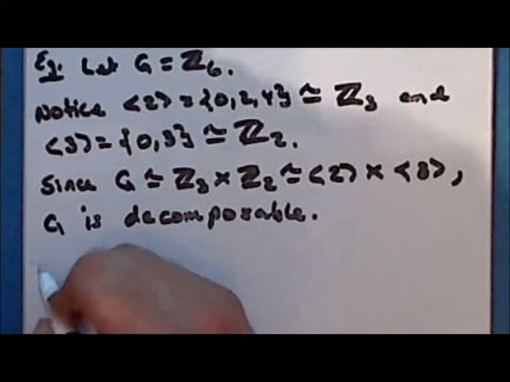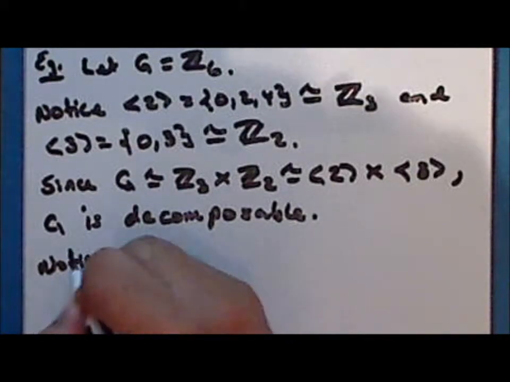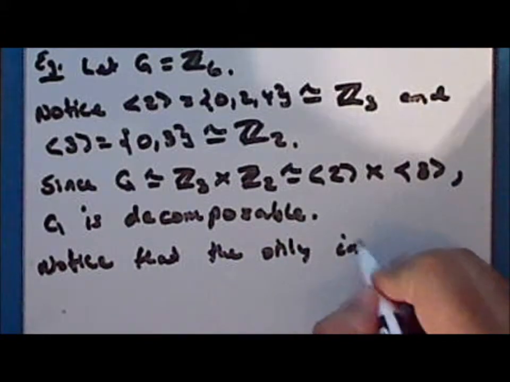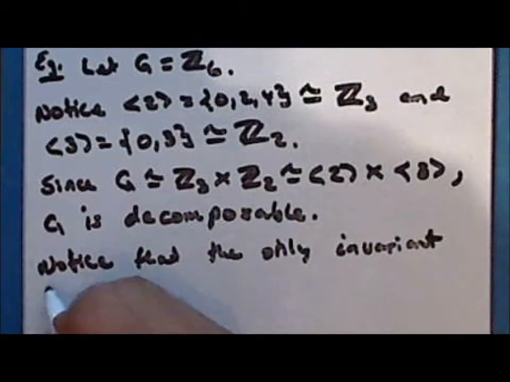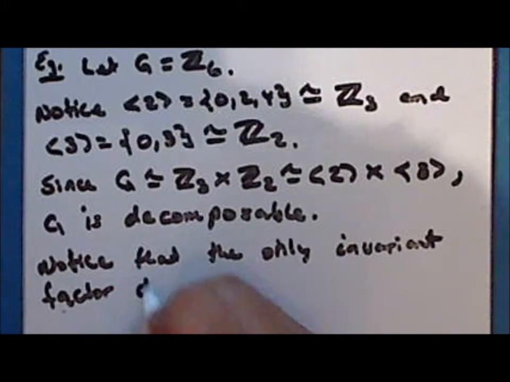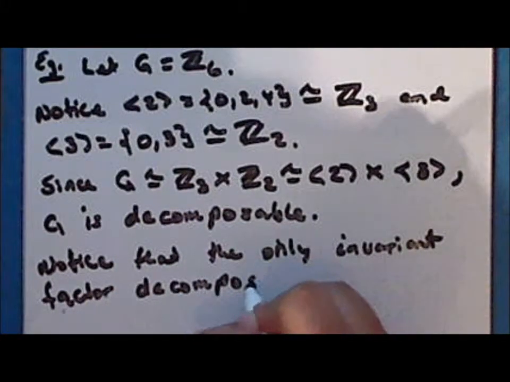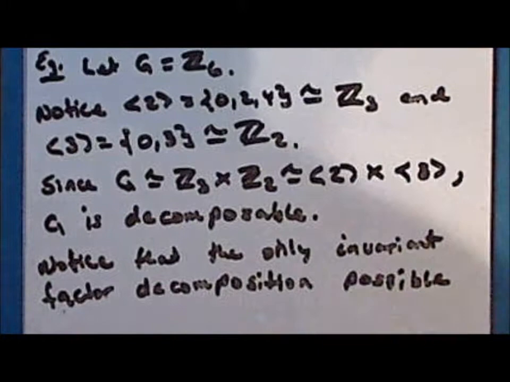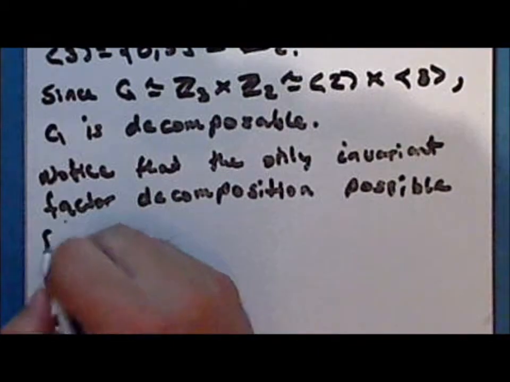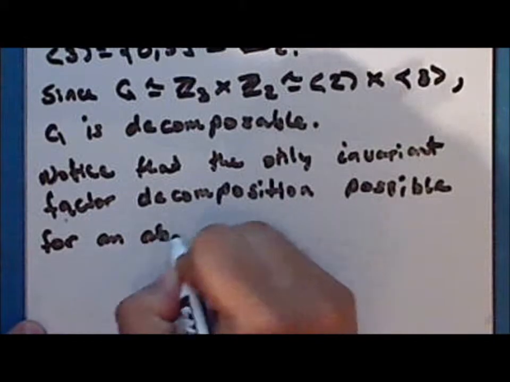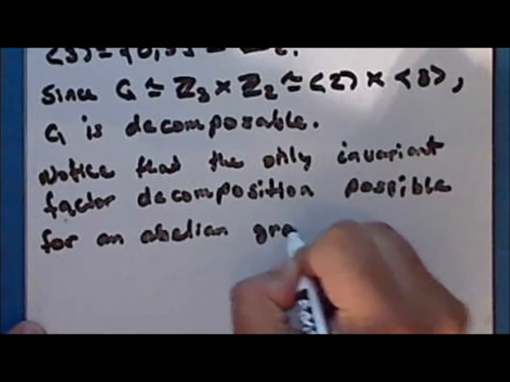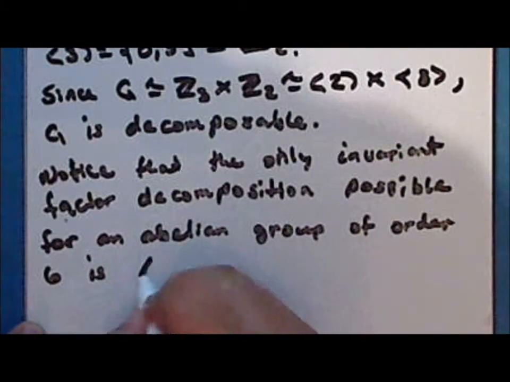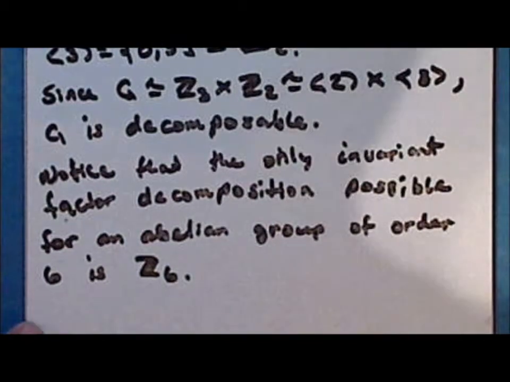Also notice that the only invariant factor decomposition possible for an abelian group of order 6 is the integers modulo 6.